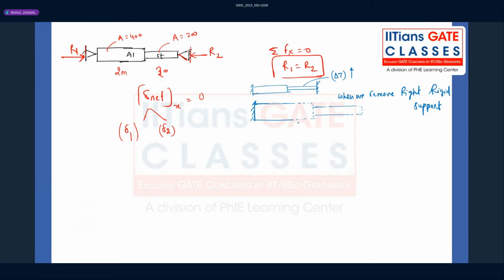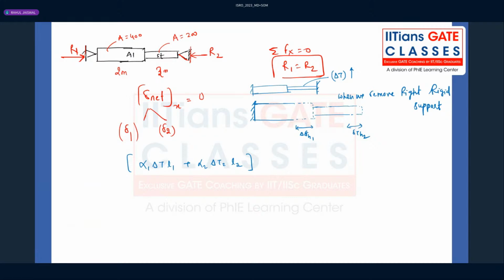What is that deformation? This is the thermal deformation 1. This will be the thermal deformation 2. What is the value? Everyone knows that, right? Alpha 1 into delta T into L1 plus alpha 2 into delta T into L2. This is the total thermal deformation that could happen when the right rigid support would have been removed.